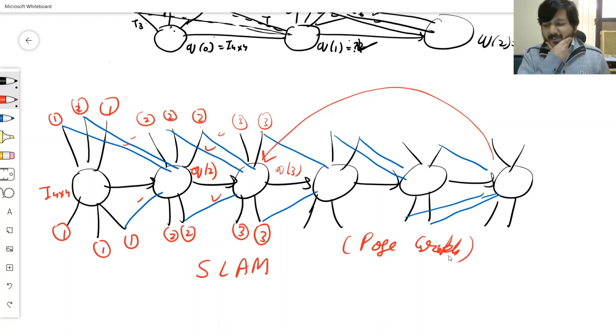Now that was the first part that I wanted to speak about. So overall, to summarize, we've seen the 2 hardest problems. Number 1 was localization. Where am I?